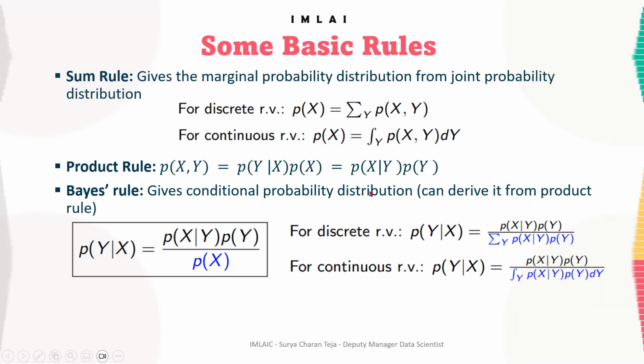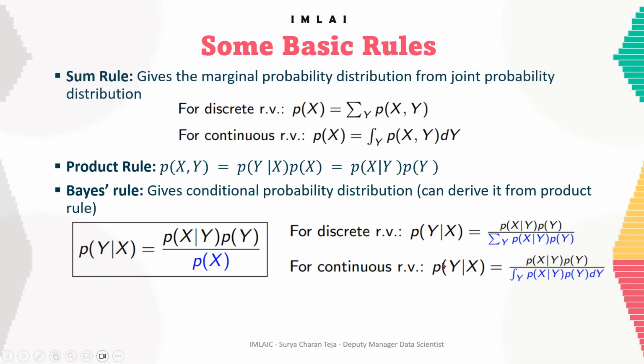For a discrete random variable, it's similar to the simple probability theorem: probability of y given x is equal to p of x given y multiplied by probability of y, divided by the summation of all these historical or prior probabilities.